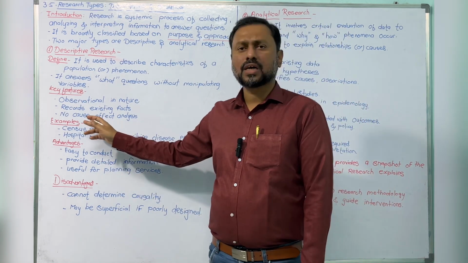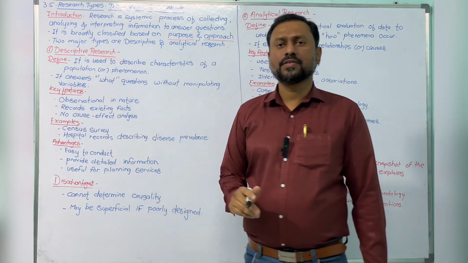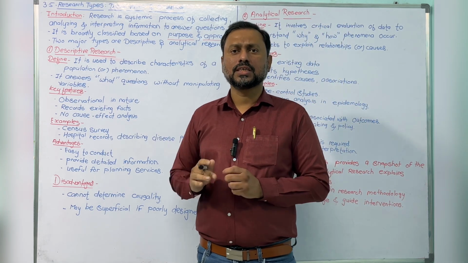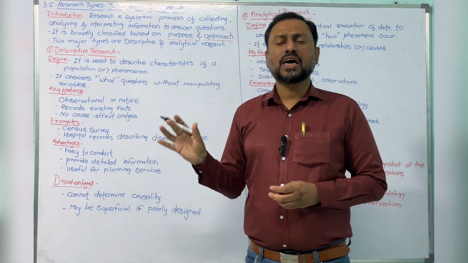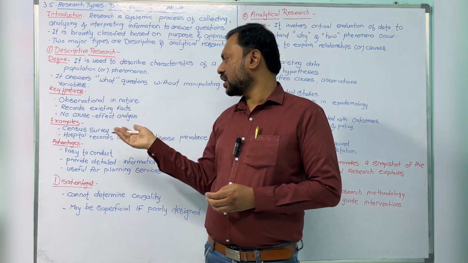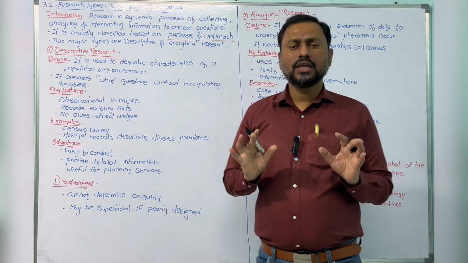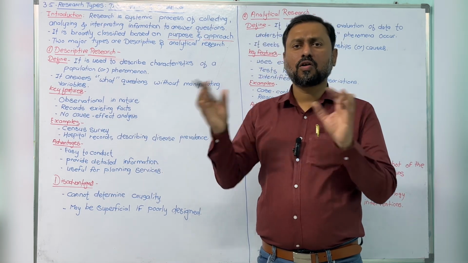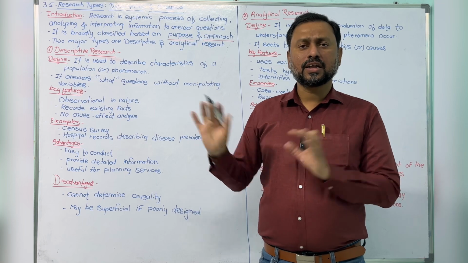The examples are the census survey. The government throughout India is doing the census. In that, how many people are there in India, how many men, how many women, how many children. That much only the record is collecting. Why women are more or why such things are there, we are not collecting.